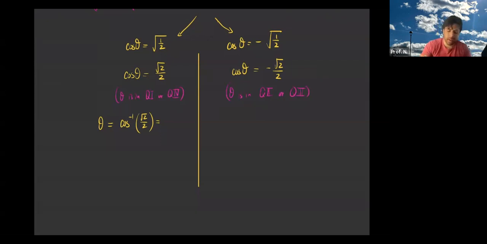Pi over 4, yeah, that's right. And that's in the first quadrant. So this is quadrant 1. But remember, my angle can also be in quadrant 4. What's the angle in quadrant 4 associated to pi over 4?